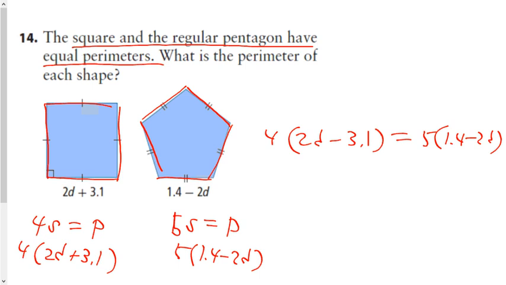Once we create our equation, what's the first step we need to do here? Expand using distributive property, correct? We'll have 8d minus 12.4 equals 7 minus 10d, I think. All right, if we expand that using distributive property.